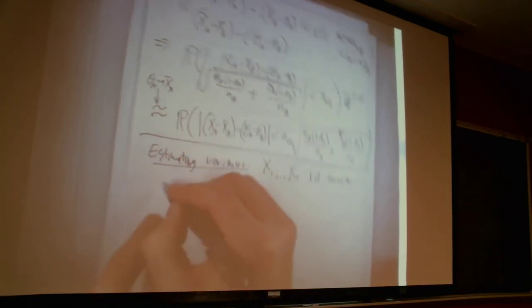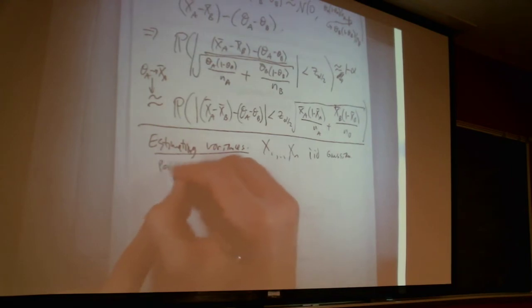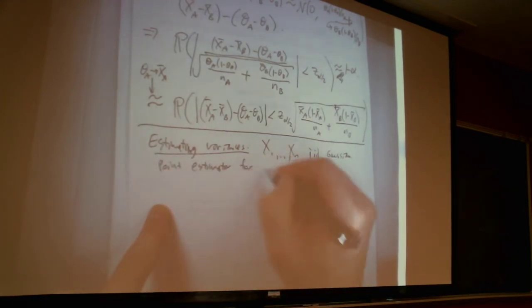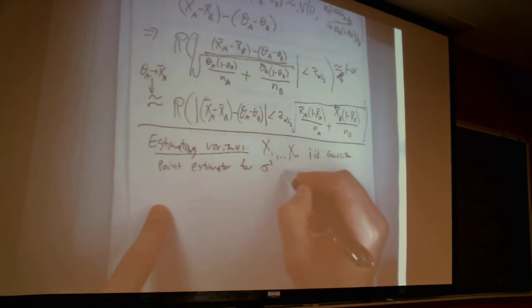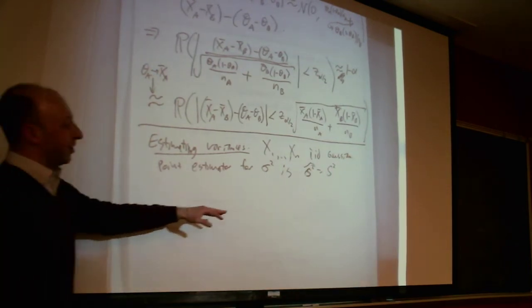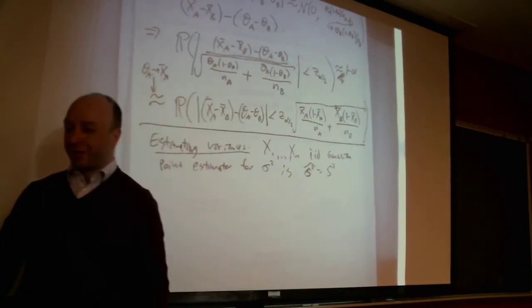And what is our estimator? So how about a point estimator for sigma squared? S squared. Is exactly sigma squared estimator is s squared with the correction, with the Bessel correction, right?